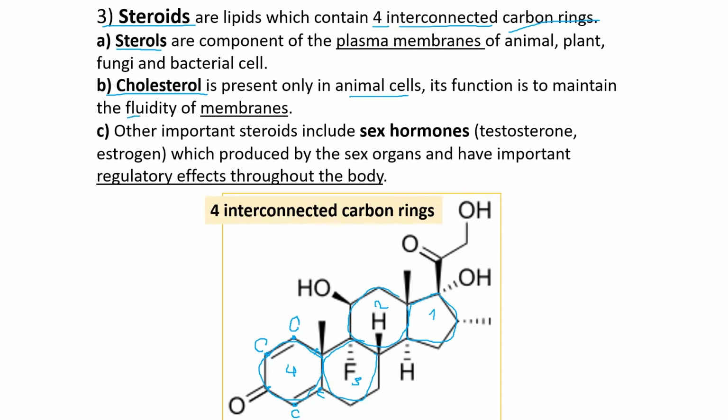It maintains fluidity of the membrane. And then we have the third type of steroids. It's called sex hormones, like testosterone and estrogen. They are important molecules which have a regulatory effect on other body parts. It's in animals, yes. So these are our sex hormones. They are also steroids.